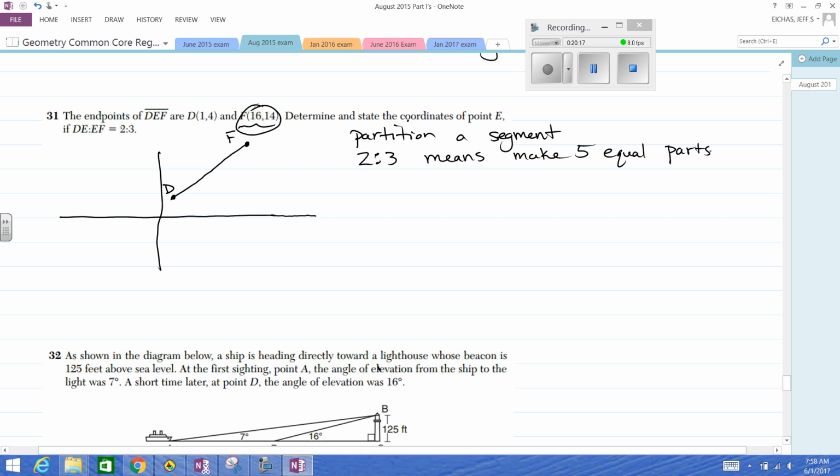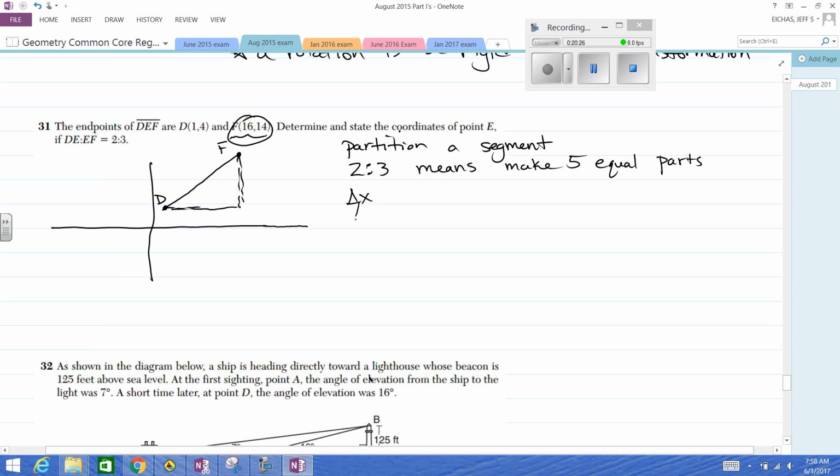Okay. Now, what I like to do is, on a graph is better, but we can do it here. I like to consider the change in x and the change in y. All right, the change in x is from D to F, from 1 to 16. That's going to be 15 steps. So the change in x right now is 15. And that's from D to F. Change in x is 15.